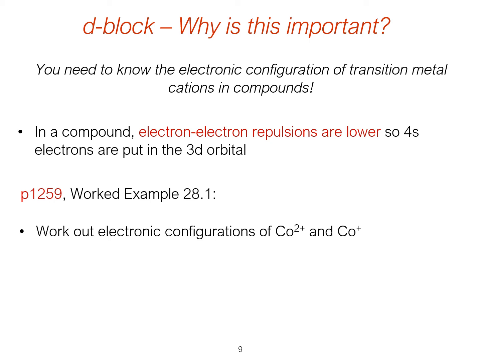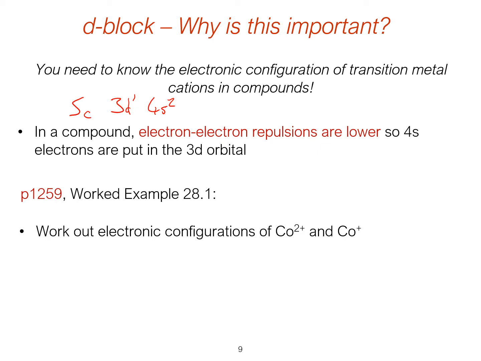So let's take an example here, scandium, let's say. This is a nice and simple one, the very first transition metal. So its electronic configuration, as a metal, just as an element, is 3d1, 4s2.